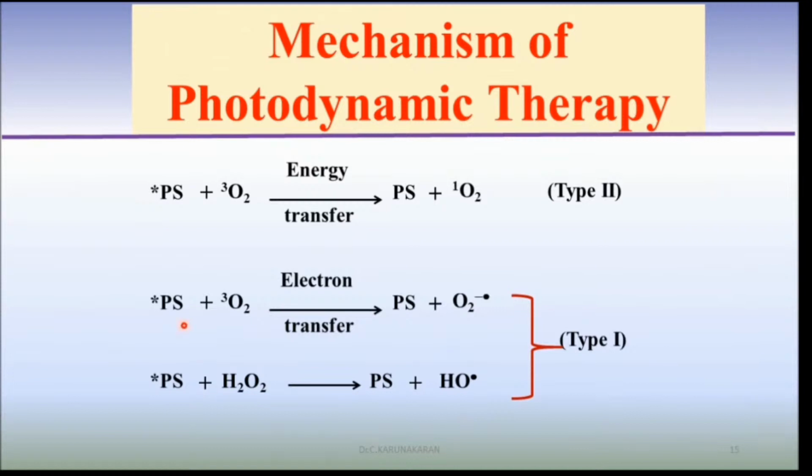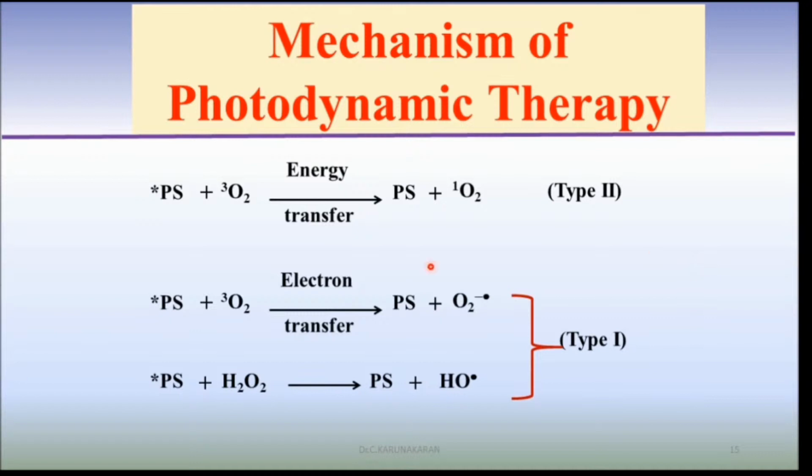Or the excited photosensitizer can transfer an electron to triplet oxygen to form superoxide radical, or it can generate hydroxyl radical. There are two types of mechanism: type 1, the formation of free radicals, and the formation of singlet oxygen.